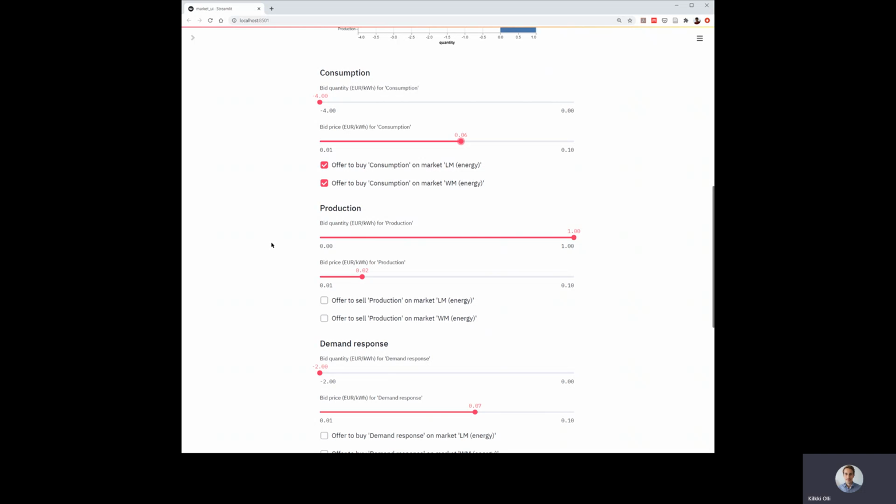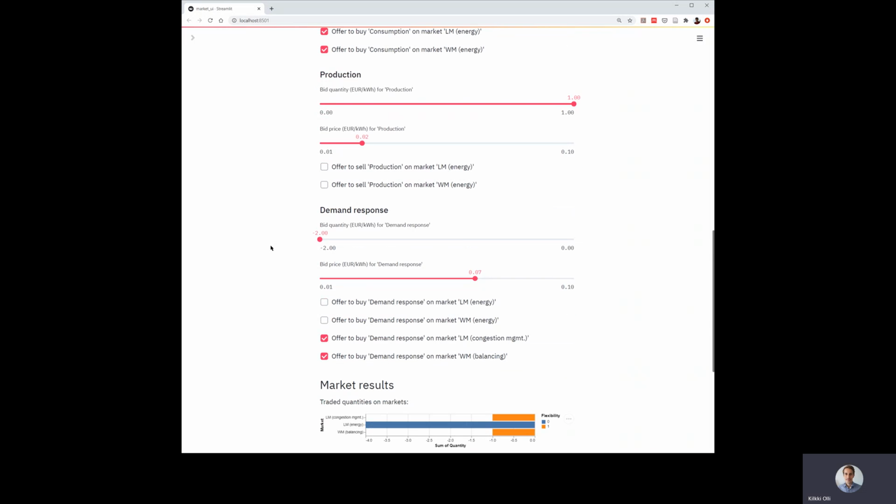And this enables the use of demand response on multiple levels. So for local use, and then if not needed there, towards the wholesale level, potentially through some aggregation within a group of bids.